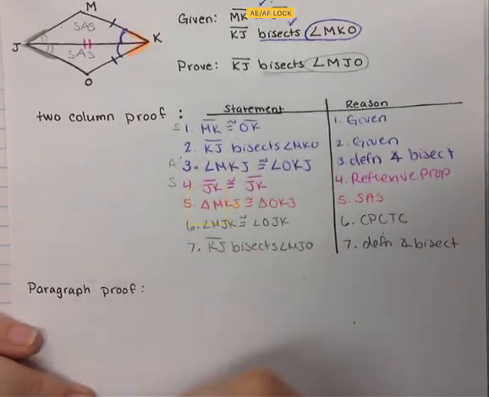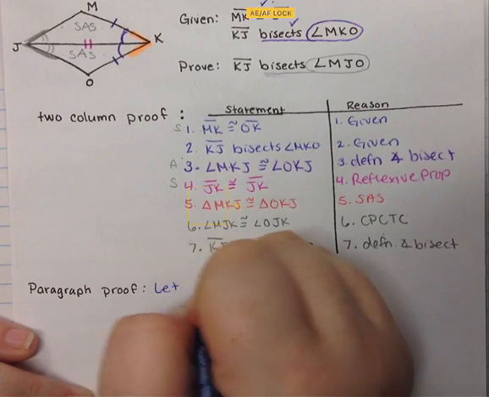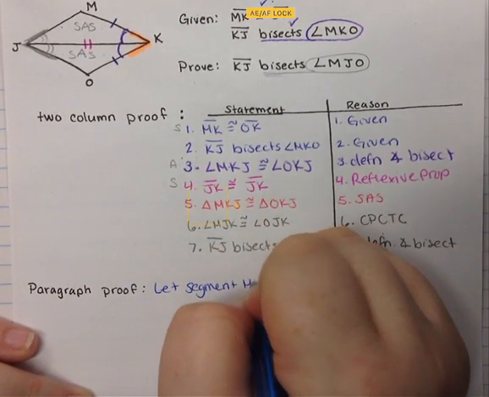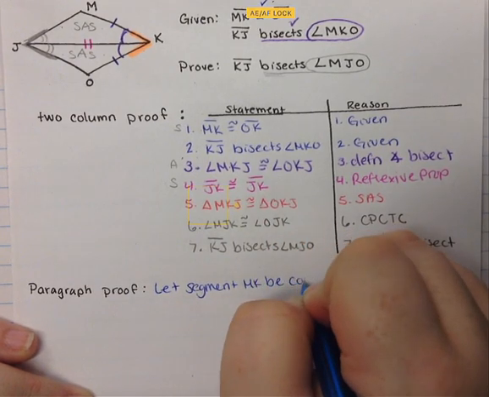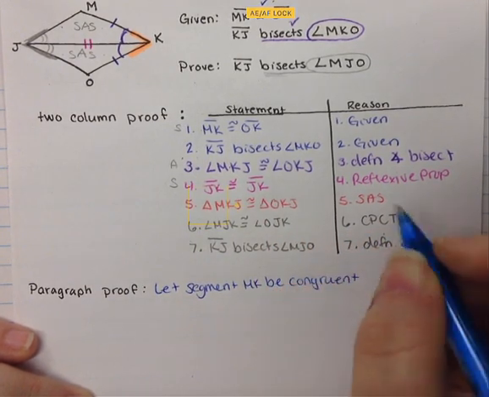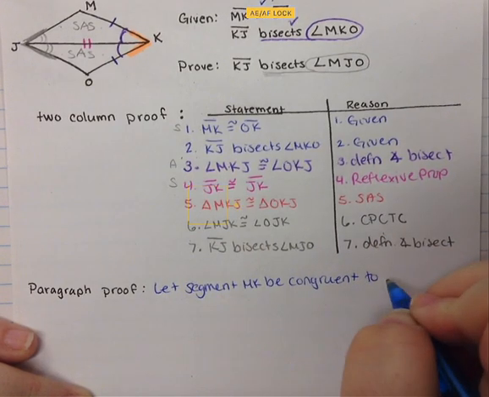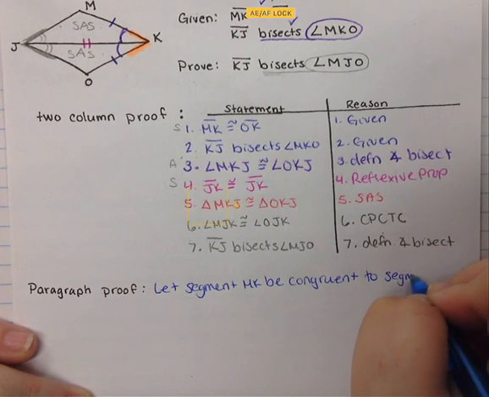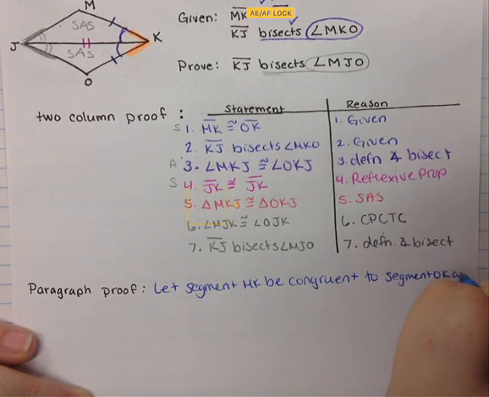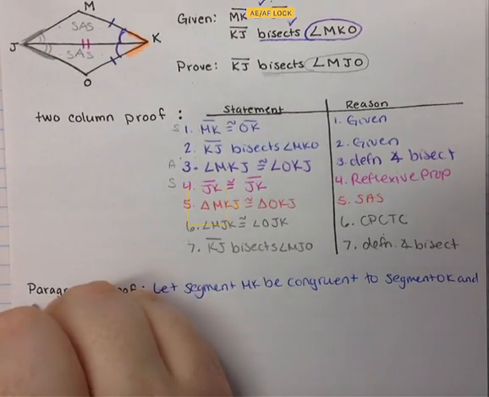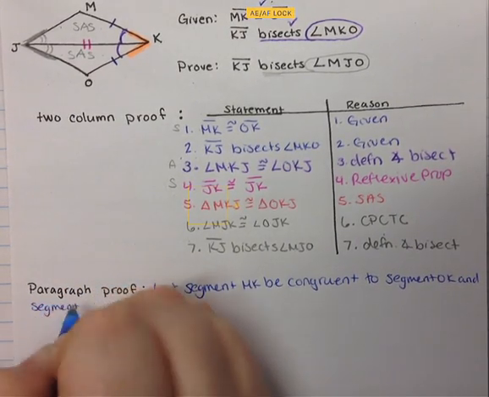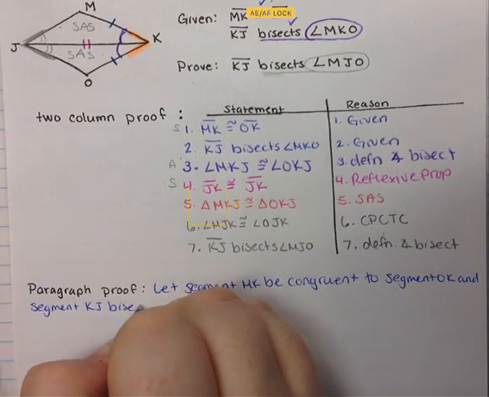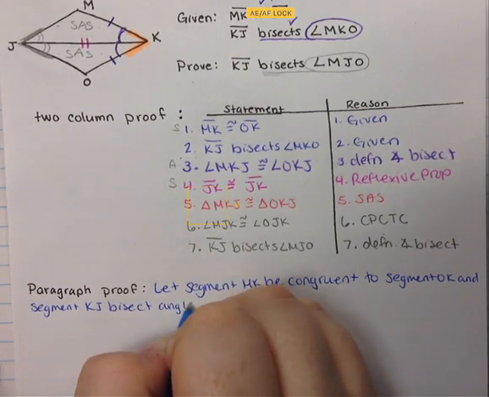So instead of saying it's given, let segment MK be congruent to segment OK, and segment KJ bisect angle MKO.